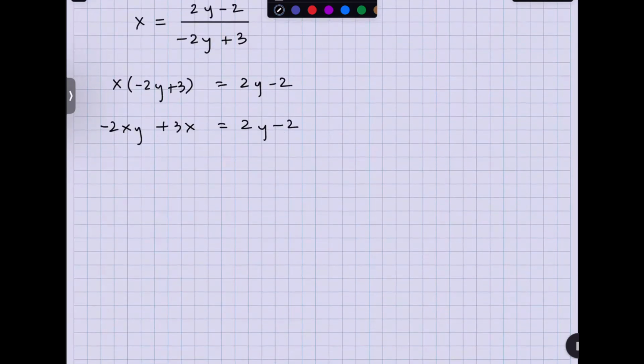You subtract the 2y on both sides, and then you subtract the 3x on both sides. So we're trying to solve for y. Here, let me do a little sidebar.